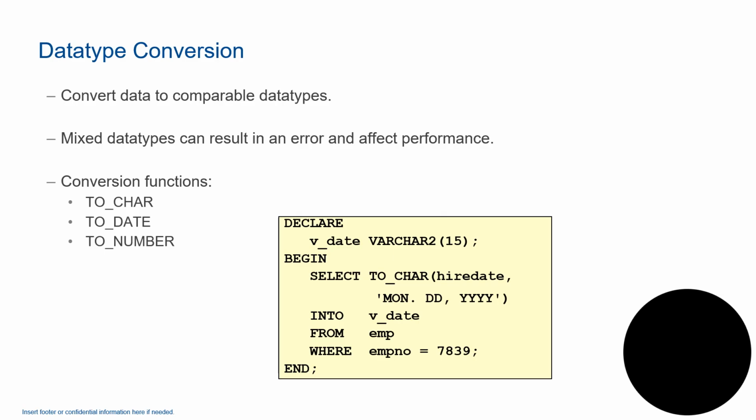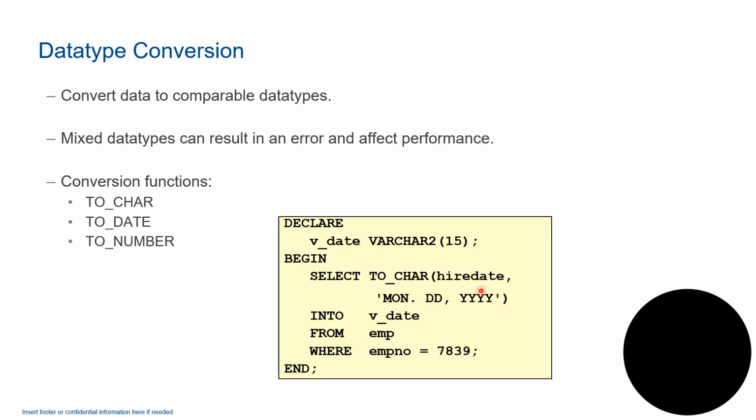We have some data type conversions, which convert a data type to a comparable data type. You can see the conversion functions are TO_CHAR, TO_DATE, and TO_NUMBER. Here is an example where we have v_date VARCHAR2 up to 15 characters.